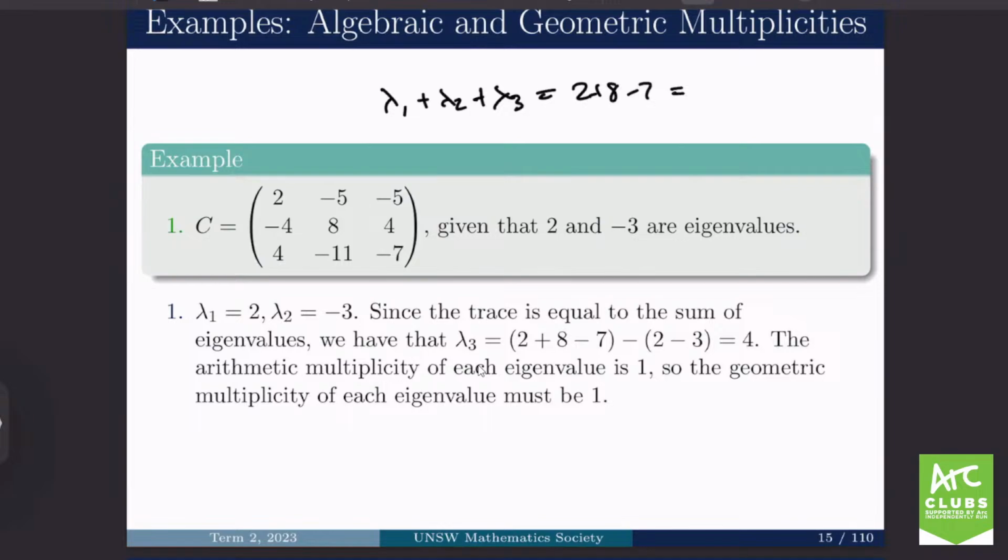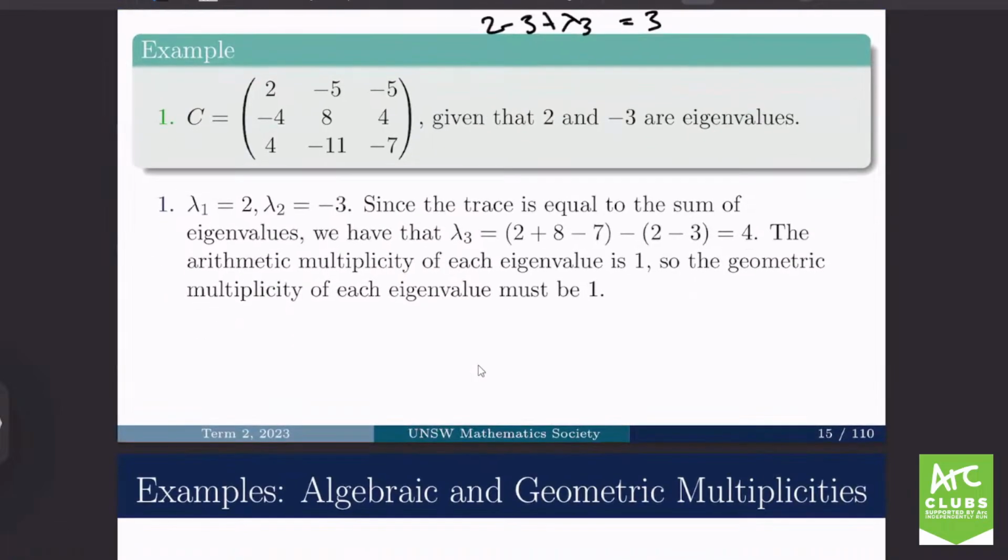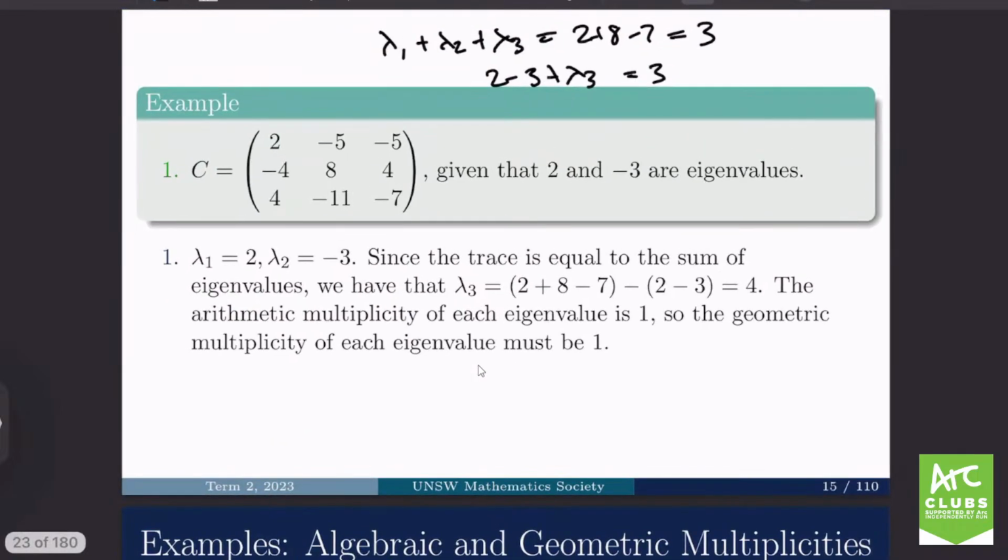Which equals 3, right? And if we take the actual 2 minus 3 plus lambda 3 equals 3, then what we get is 4. So the last eigenvalue is 4. Now, you can see that the algebraic multiplicity of each of the eigenvalues is 1.